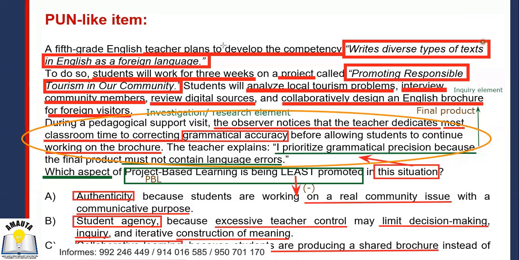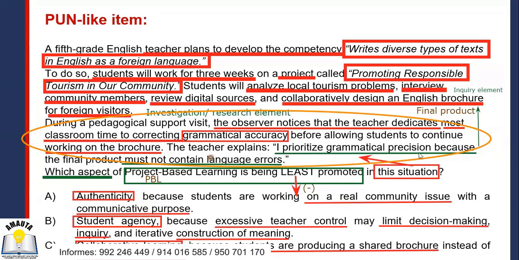B. Okay, letter B. Yes, you are right, my dear teachers. The aspect, the element, the characteristic, the principle that is most affected here in this situation with the observer, when the teacher said, I prioritize grammar over meaning, etc. Yes, it's definitely the student agency, the student control.